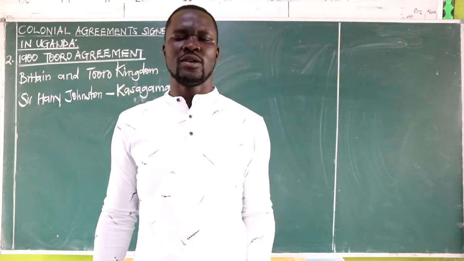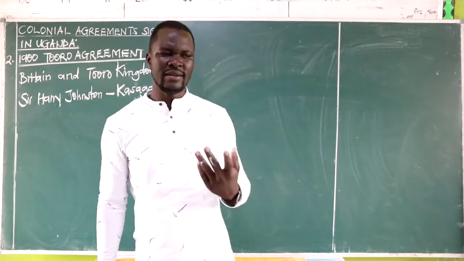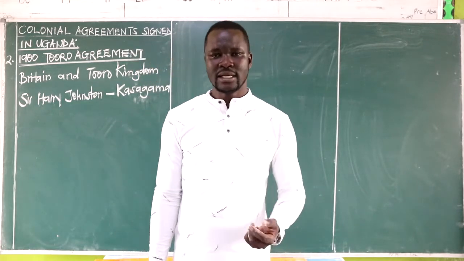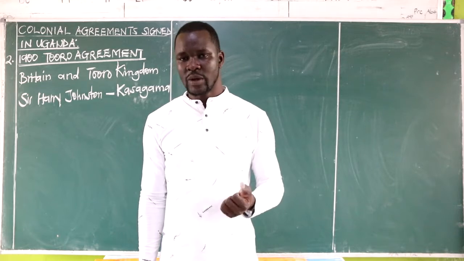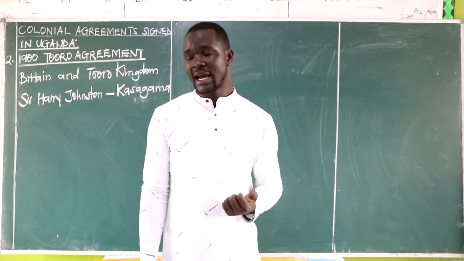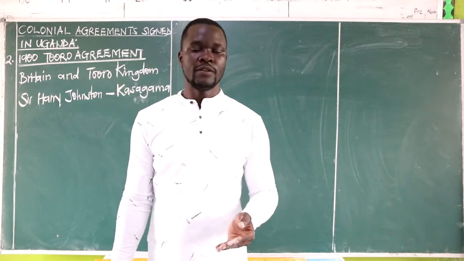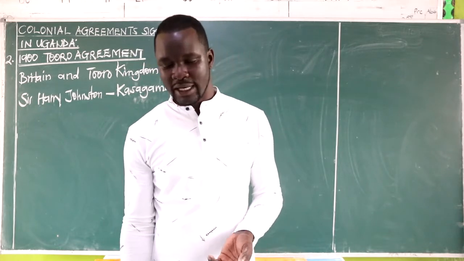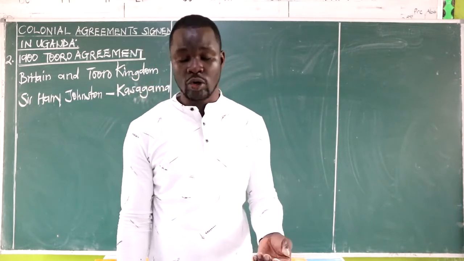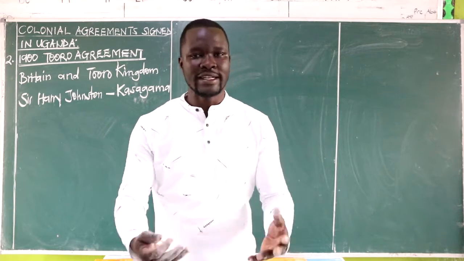And we gave the reason as to why these British were emphasizing they wanted taxation so much. We have given the reason already. And then also we shall be able to note that the king of Toro, that is Omukama Kasagama, was to rule Toro Kingdom as the British wanted.